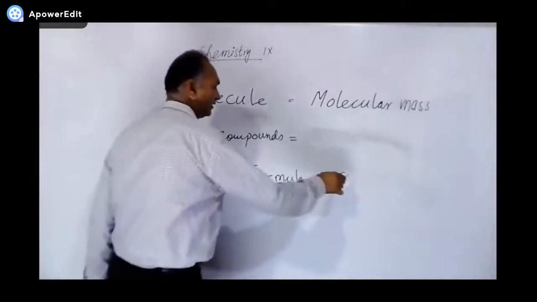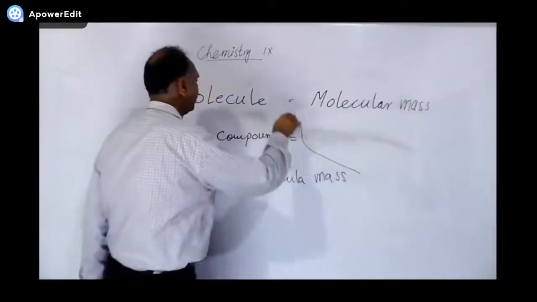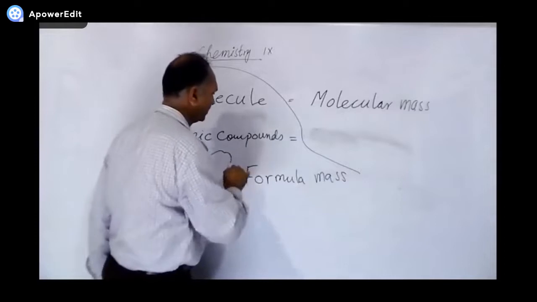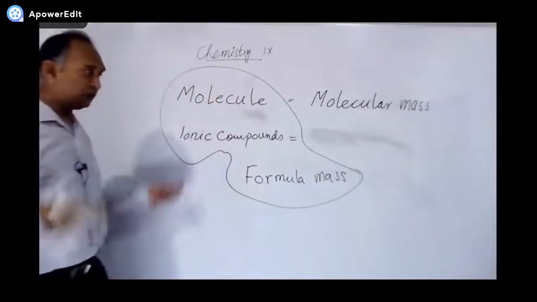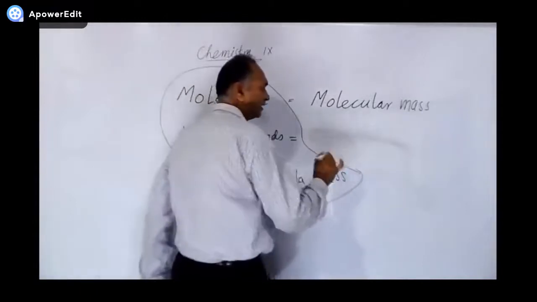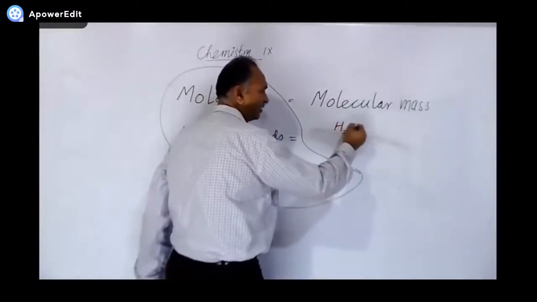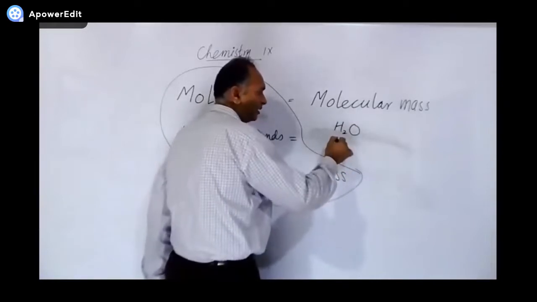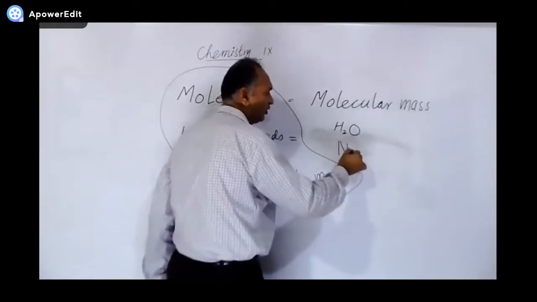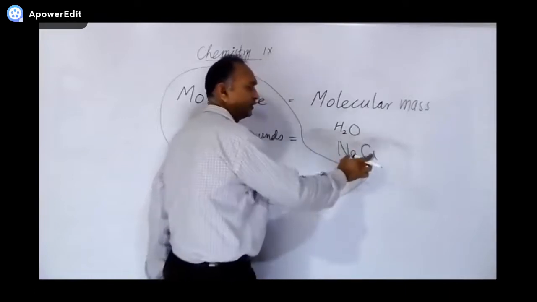Formula mass is not only for ionic compounds but also for molecular compounds. For example, this is water, molecular mass. This is sodium chloride, ionic.